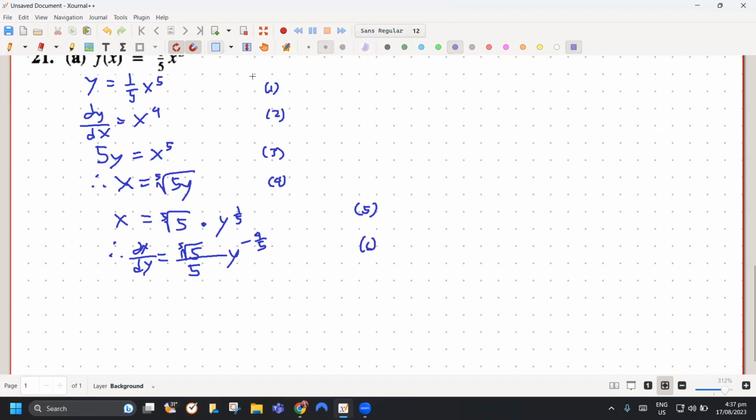Okay, ngayon from 6, 1 over dx dy is... sorry, kailangan natin yung equation number 2, 1 over dy dx. So, kaya, okay na yung dx dy.